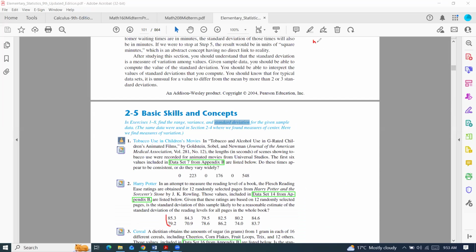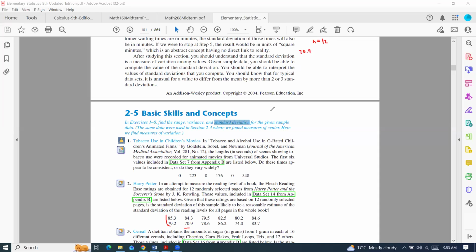So if I have 12 pieces of data, I arrange them from the smallest to the largest in order. The smallest here I have is 70.9, and then I can move to the larger and so forth.